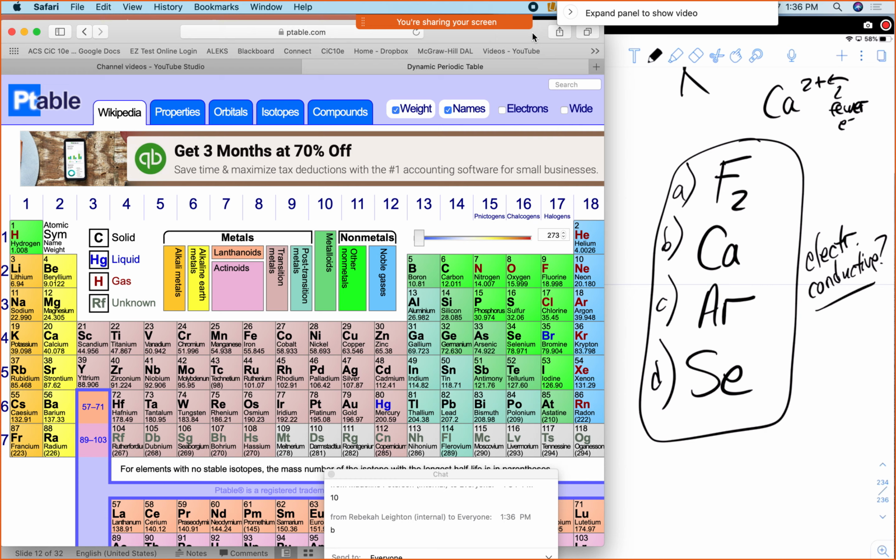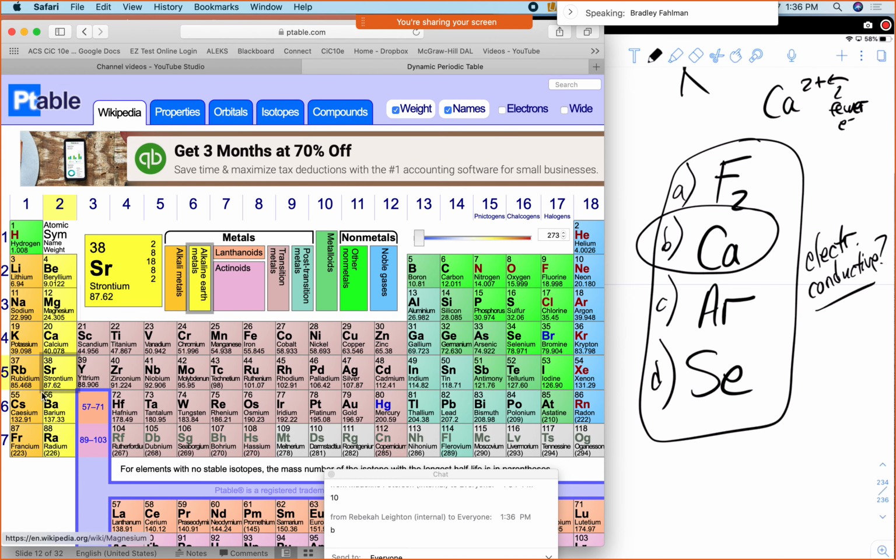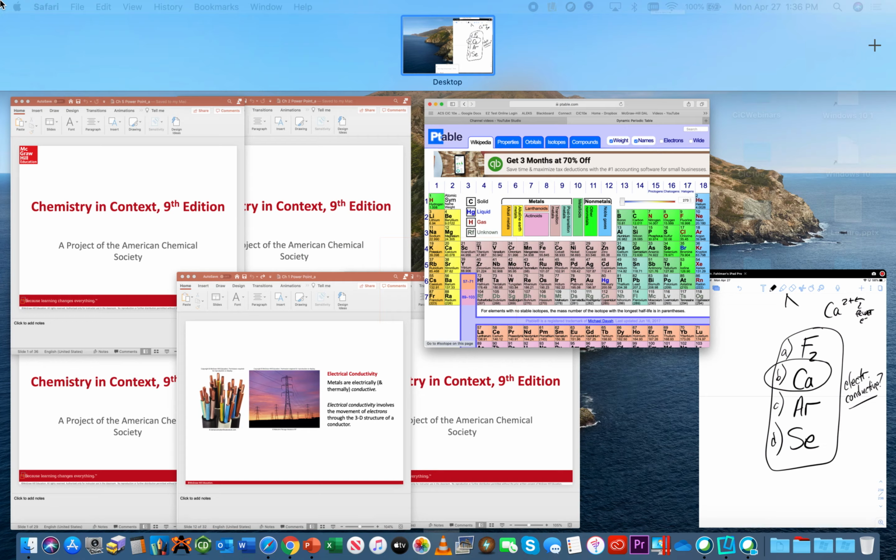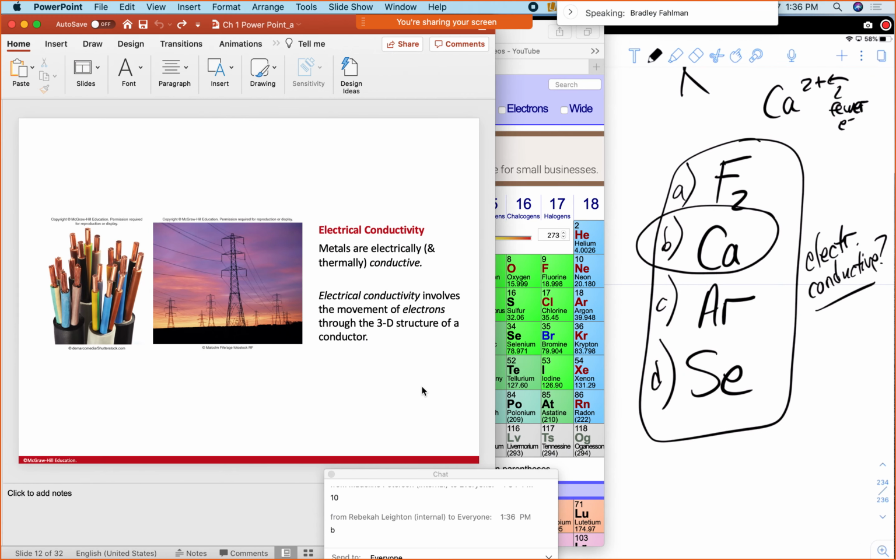Yep, so you're looking for the metal, right? Calcium is in group 2. So something to that effect, but not in any big detail here.